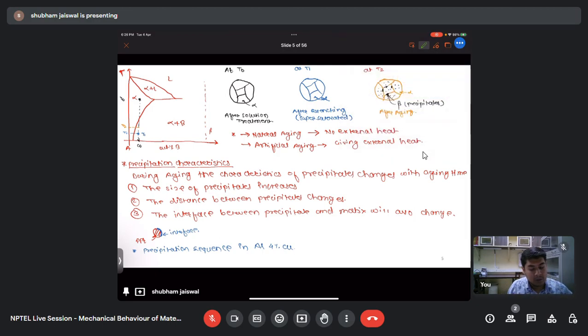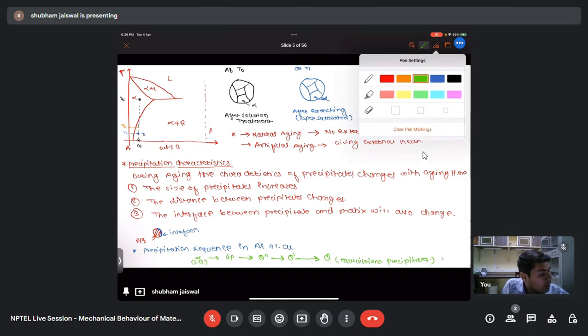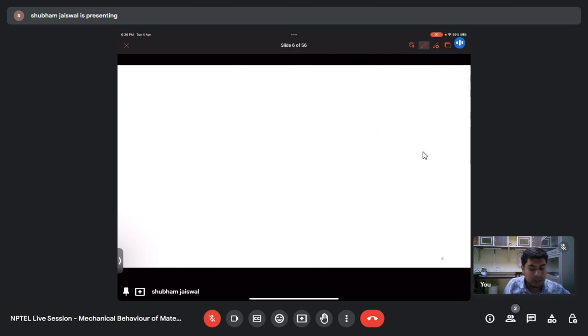In this alloy, the precipitation sequence is like this, that is alpha, here we will get a solid solution, followed by the GP zones and then theta double prime and theta prime precipitates, and finally we will get theta precipitates, that is the equilibrium precipitates. So this is the precipitation sequence in the aluminum 4% copper alloy. Okay, so now let's move towards the interface.